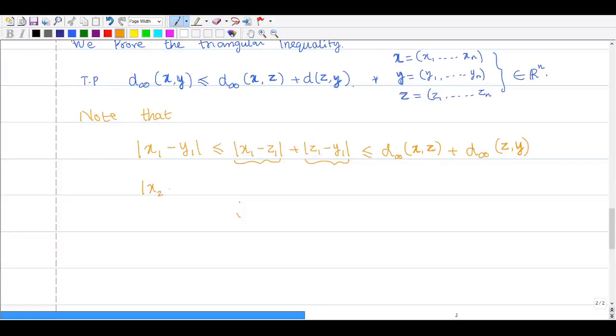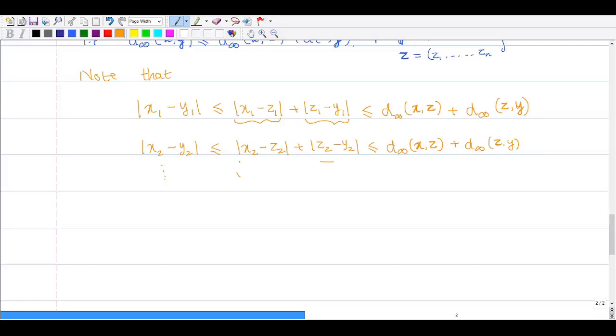Modulus of x2 minus y2 is less than or equal to modulus of x2 minus z2 plus modulus of z2 minus y2, this is less than or equal to d infinity of x comma z plus d infinity of z comma y. அப்ப இது அப்படியே extend பண்ணீங்கன்னா என்ன கிடைக்கும் உங்களுக்கு, modulus of xn minus yn is less than or equal to modulus of xn minus zn plus modulus of zn minus yn, that fellow is less than or equal to this number.